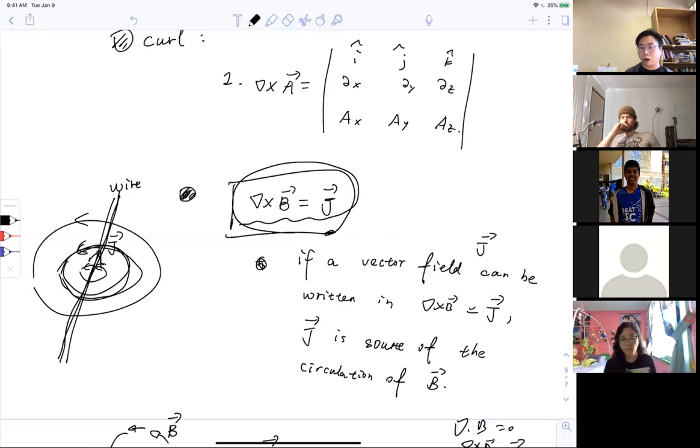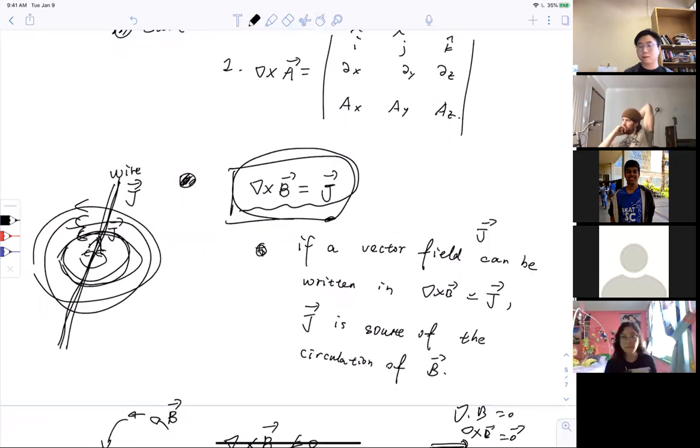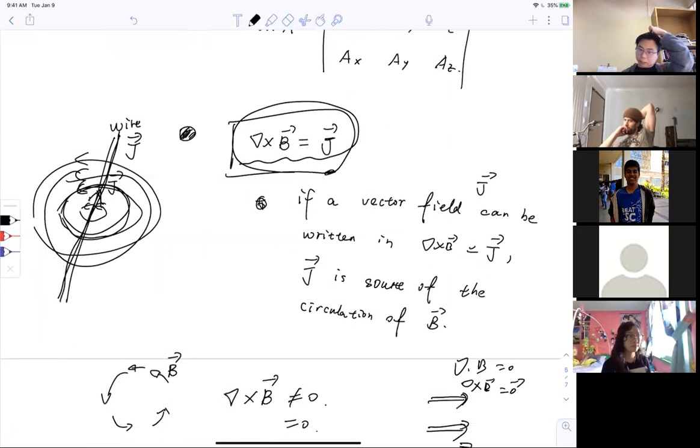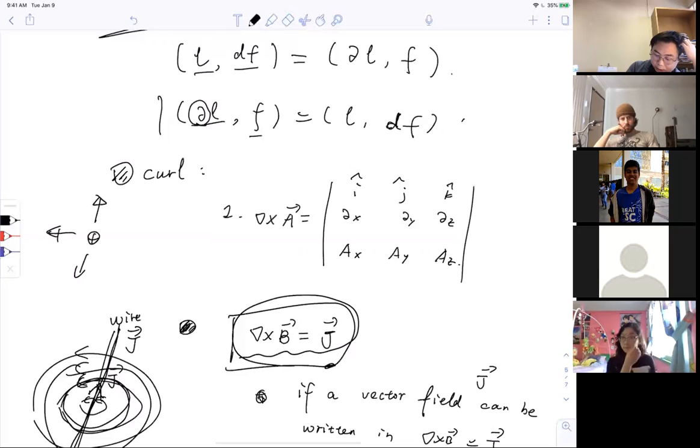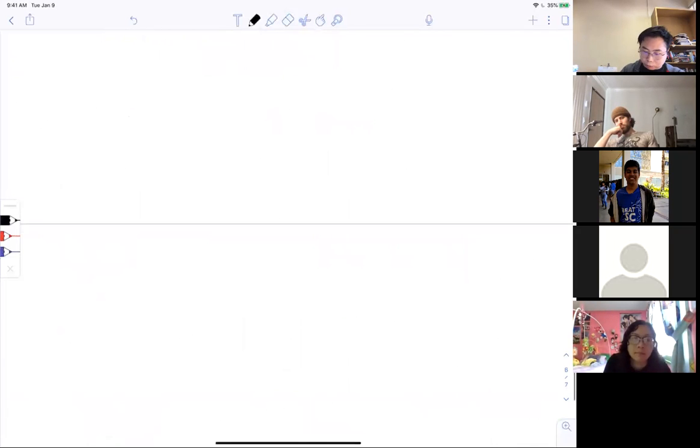So you can regard this kind of current as a source of this circulation. Just like what we have before, we have an electric charge, then we have such an electric field that's going outwards, meaning a non-zero flux. So you can regard this rho. Okay, so that's the one-to-one correspondence.